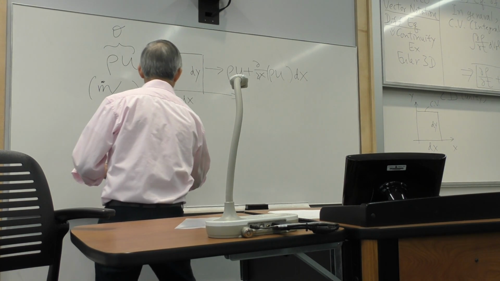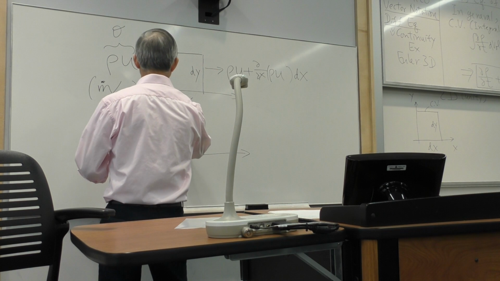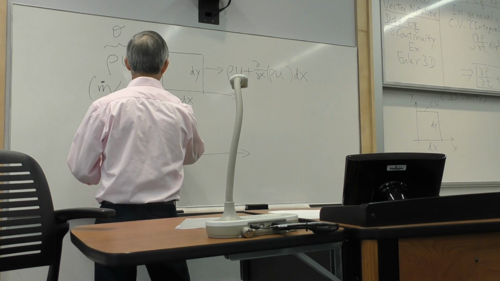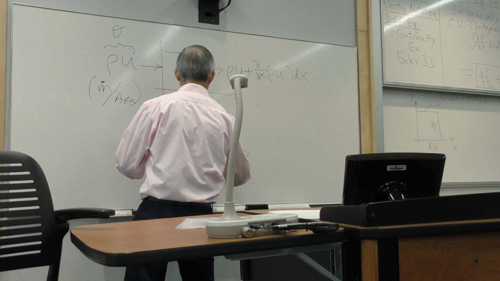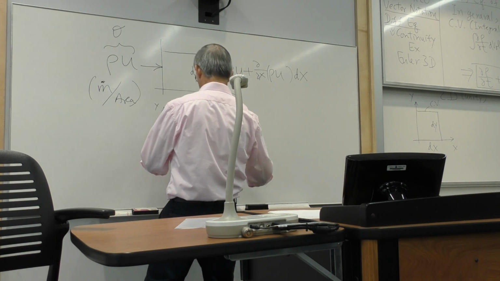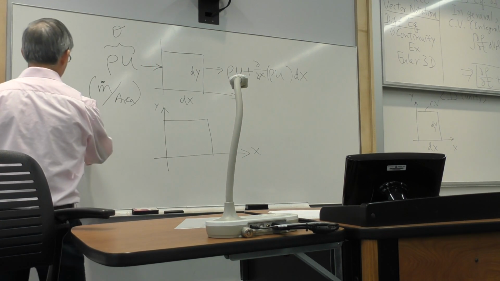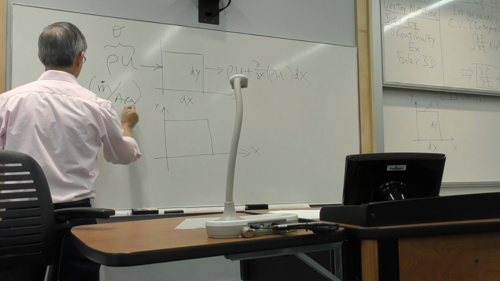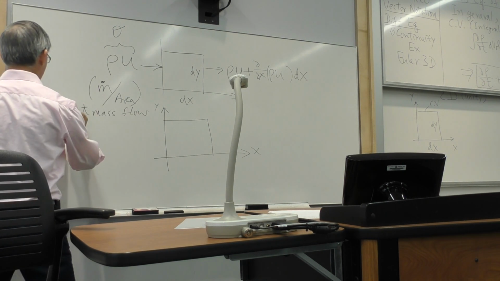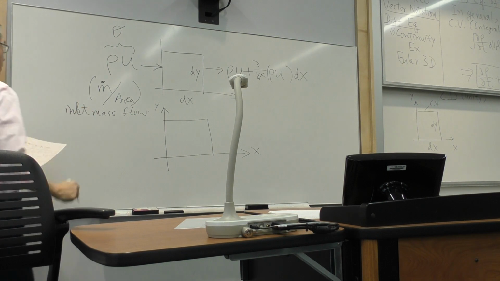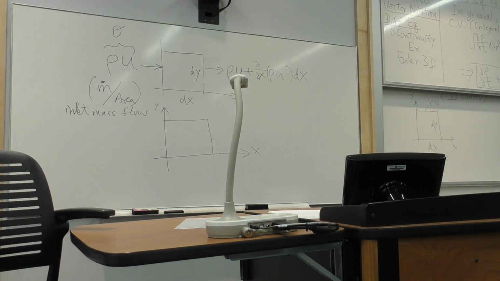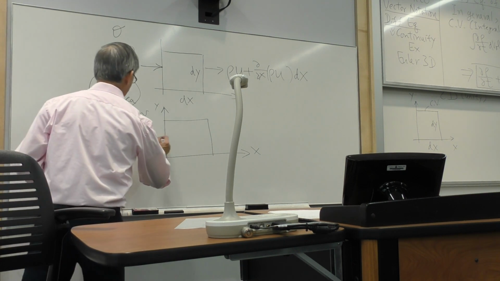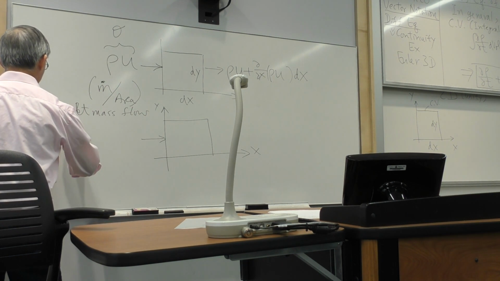my next step is from the diagram above, quantify the inlet mass flow rate to my control volume. So the m dot on the left-hand side.